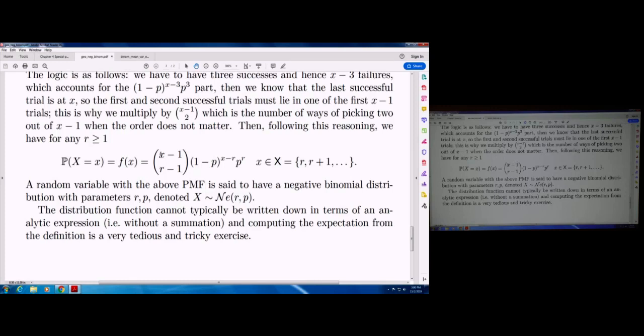Just a couple of remarks before we go to the main lecture note. The distribution function, for the geometric it was nice, but for the negative binomial it's not easy to write down, and typically you don't get an analytic expression unless you have some special cases. R is 1 is the case of the geometric, so you've got it. The expectation, if you want to get it from the definition, is very tedious.